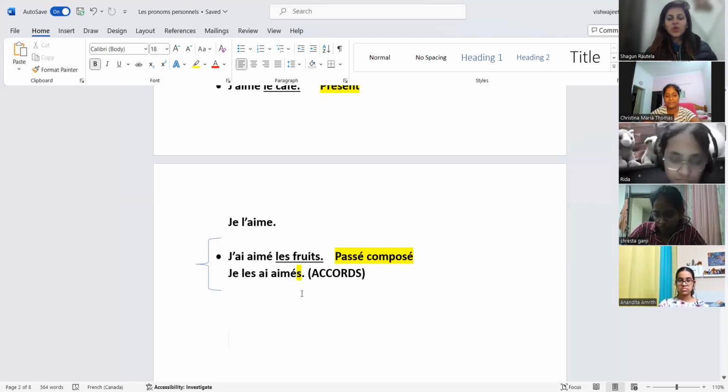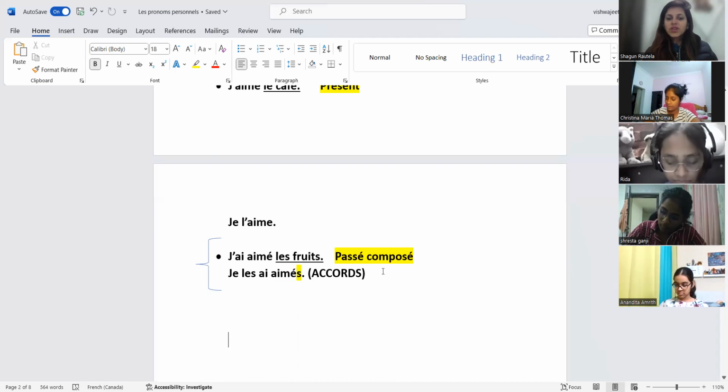S is added because of what? To accord it because it's passé composé. We are doing these accords according to what? According to the noun. Yes, très bien. Fruits is a masculine plural word, that is why we are adding an S.